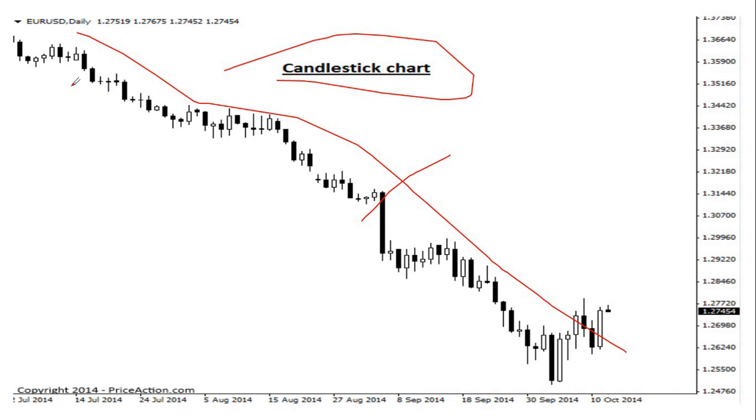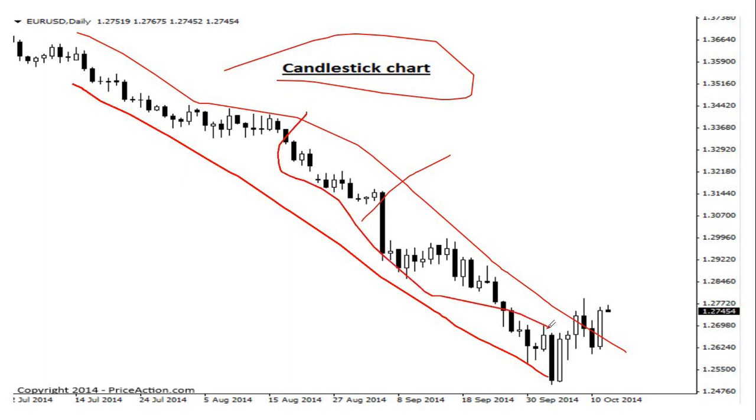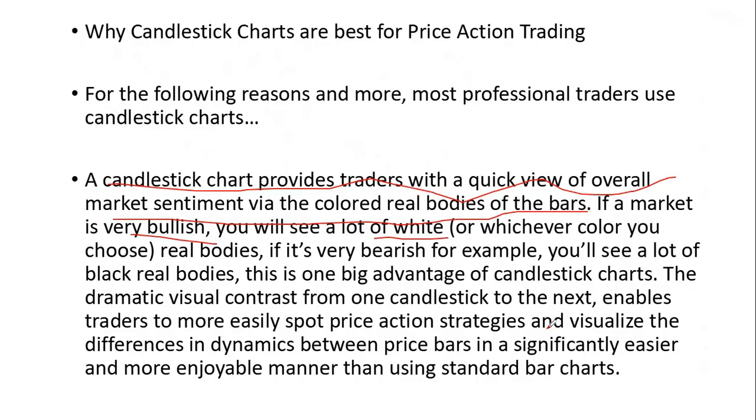This market is bearish, no wonder you see a lot of black candles, because black is a representation of sellers. That is why candlestick charts are best. It gives you a quick view of the overall market sentiment, represented in colors. Very easy to understand.